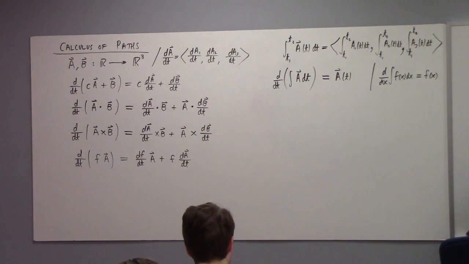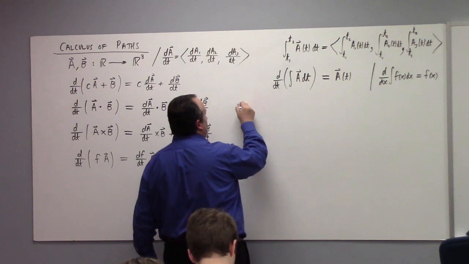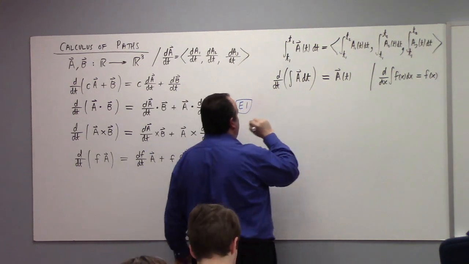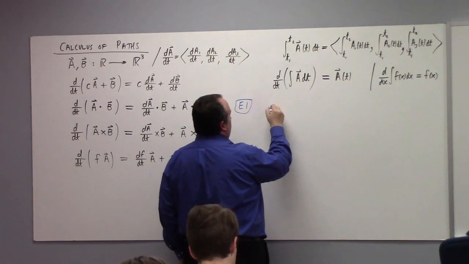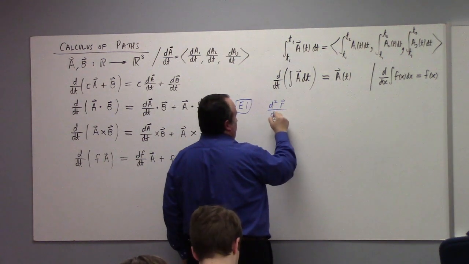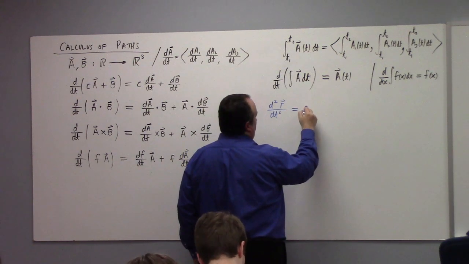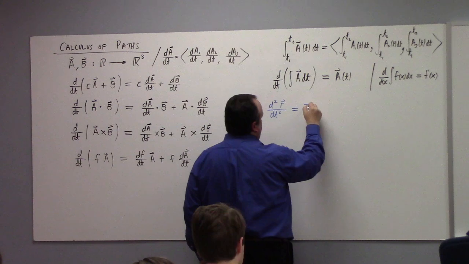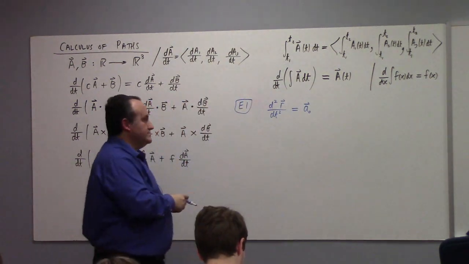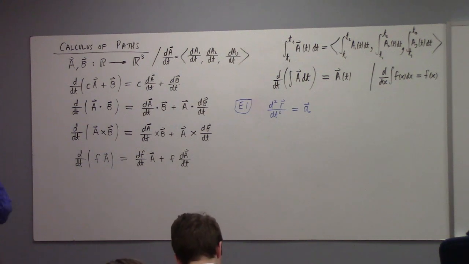Let me show you a specific example of this. Let us suppose that we have d squared r over dt squared equals a sub naught vector. So here I'm saying a sub naught is a constant vector.